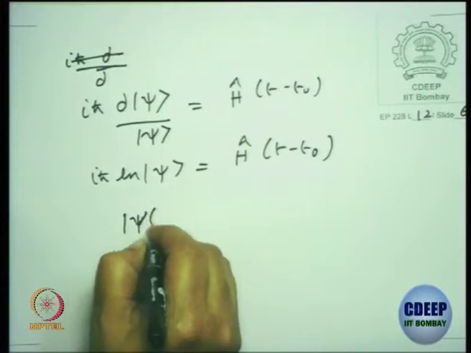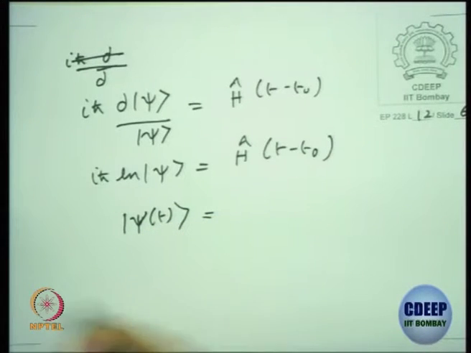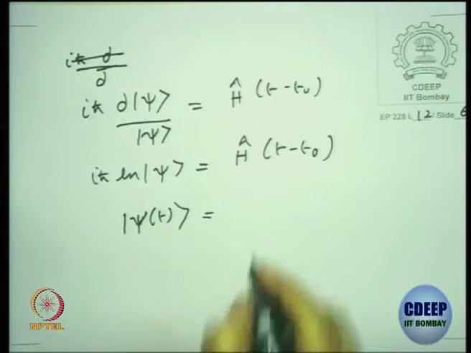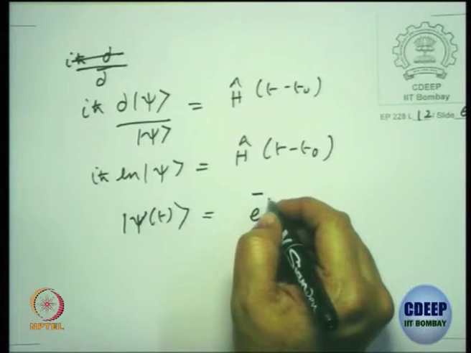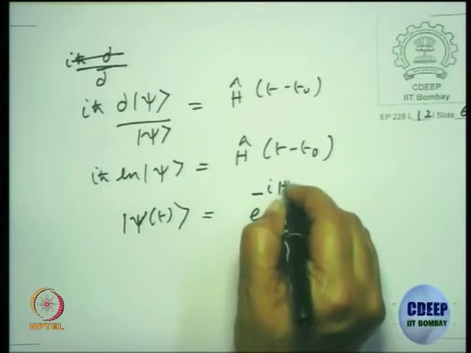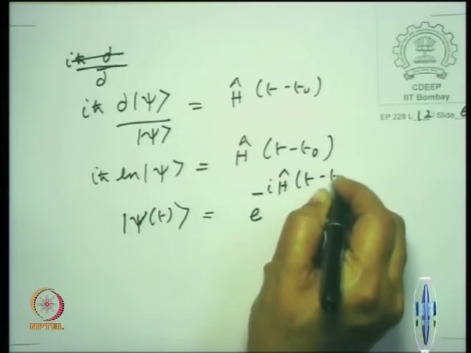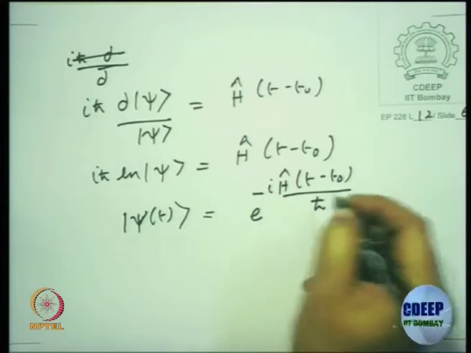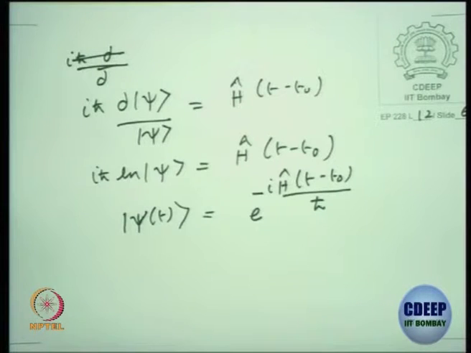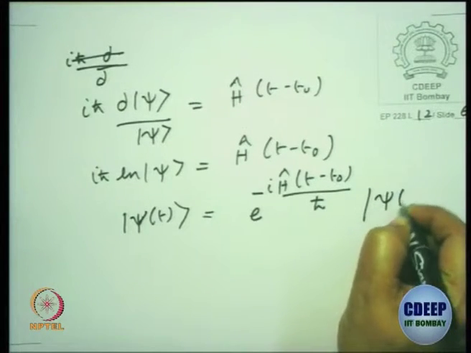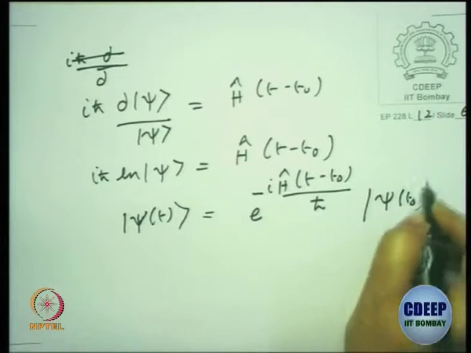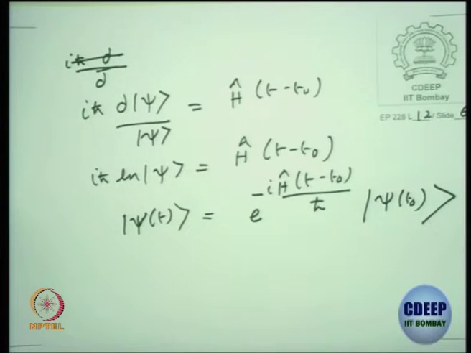Psi as a function of time will be e to the power of minus i H (t minus t naught) by h cross times some constant, and you have to make sure that at t equal to t naught, the left hand side should match with the right hand side.